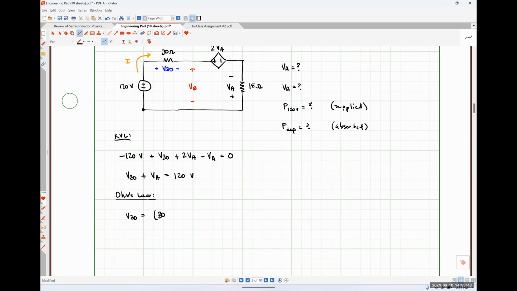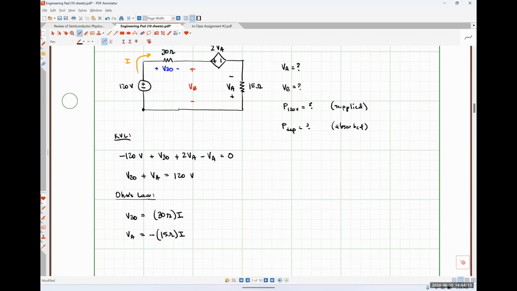So 30 ohms times I, okay. What about VA? I times 15 ohms. Or negative I times 15 ohms. There we go, 15 ohms times I, and then we get a negative sign out front because that current I is flowing into the negative polarity terminal of VA.